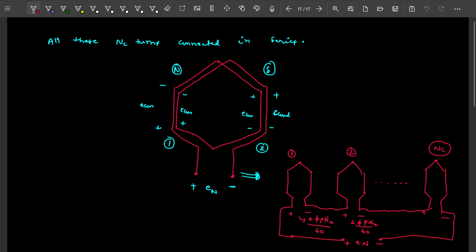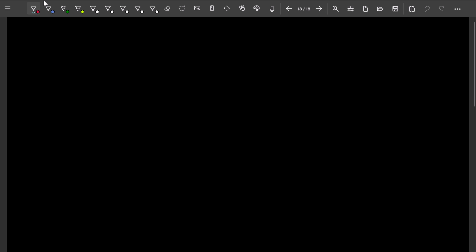You apply KVL, that is adding all these 2.5 P Nm by 60, NC times. Now write KVL. What is it giving?